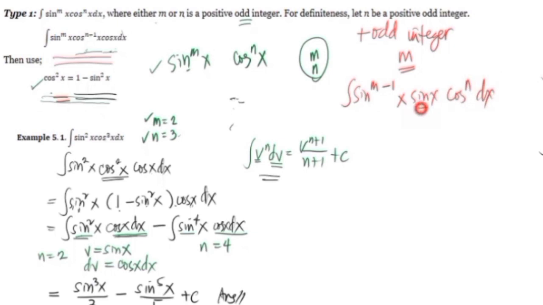So we factor out sine x from the sine m of x. And we will be using the identity, our Pythagorean identity, sine squared is equal to 1 minus cosine squared x.